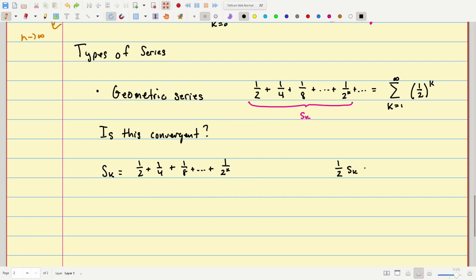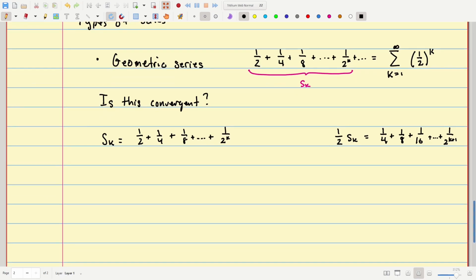Okay. Now, there isn't anything wrong with me multiplying, because this thing is just a number, right? I can multiply it by 1/2. If I do that, I get this. Make sense? Now, what I want to do with these is subtract them from one another.